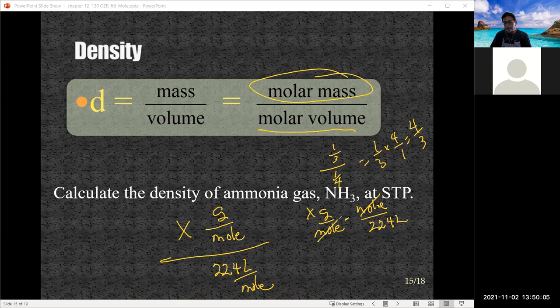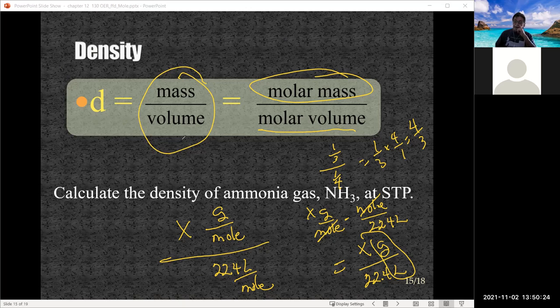That means my moles cancel, and look at the units left over: X grams, whatever the molar mass is, divided by 22.4 liters. Unit-wise, grams per volume. Density, grams per volume, which gives me the density of a gas at STP. Again, STP.